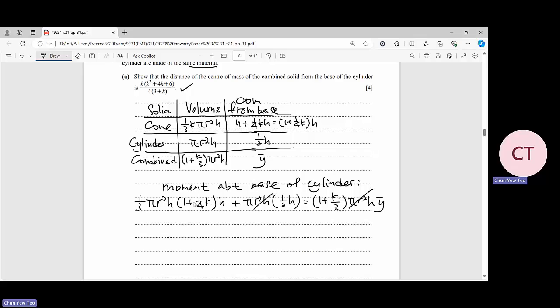All the pi r squared h can be cancelled. Then you combine together, you get a 4 plus k/12 h, kh, sorry.